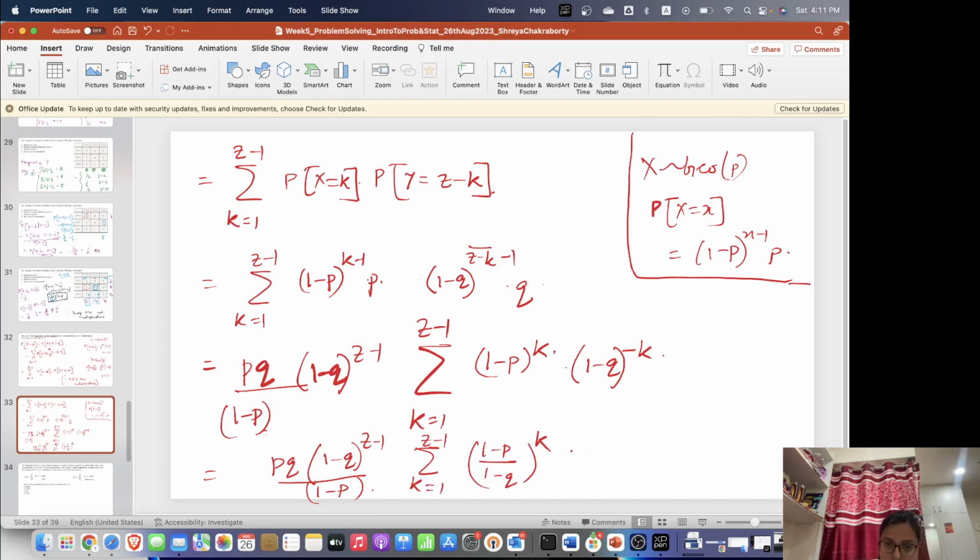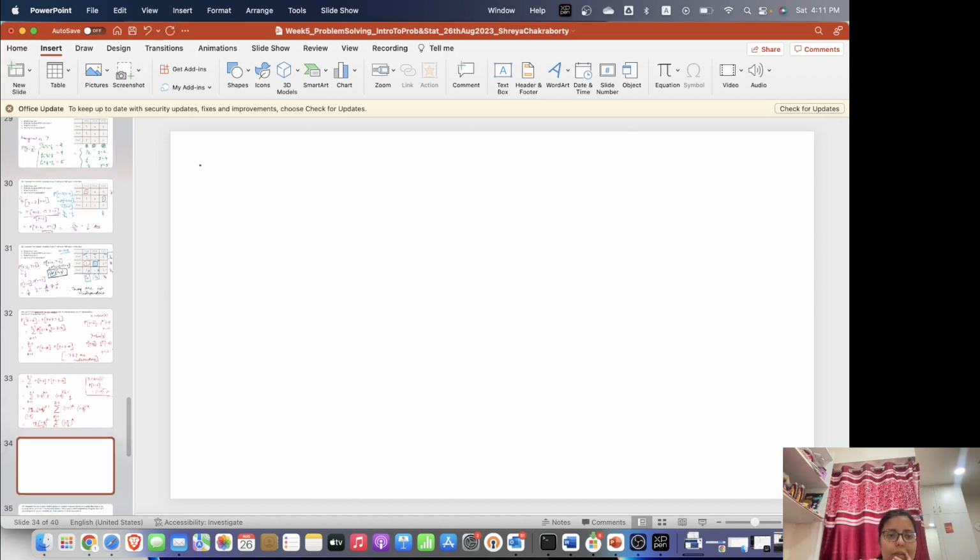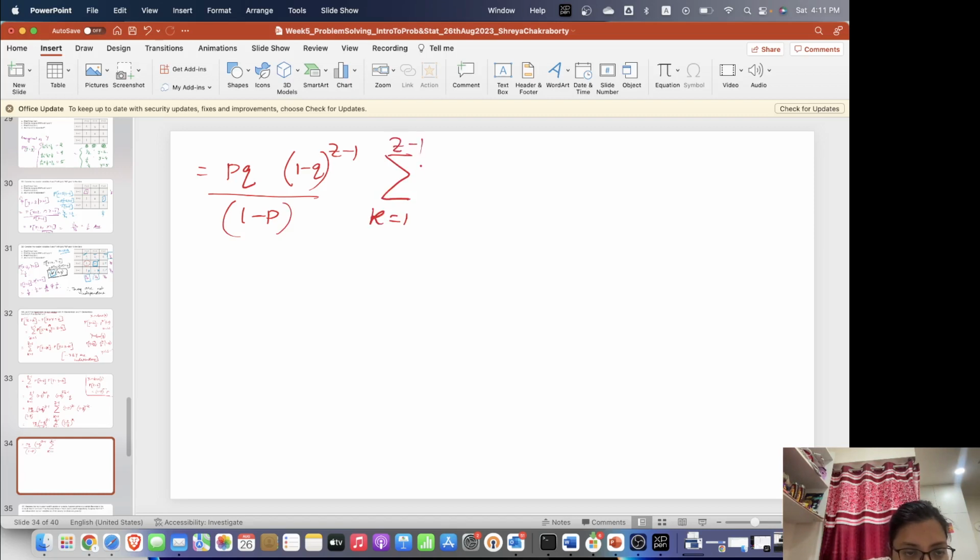Okay, so this one we can write as pq 1 minus q to the power z minus 1 by 1 minus p summation k equal to 1 to z minus 1, 1 minus p by 1 minus q to the power k.